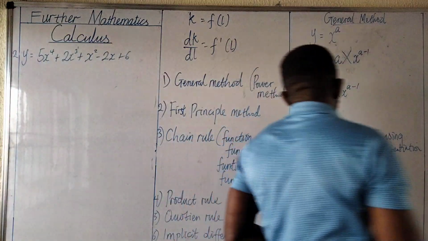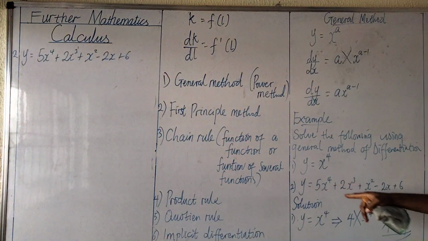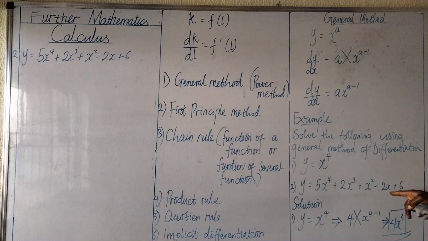You can see what we have here: 5x raised to the power 4, 2x raised to the power 3, x raised to the power 2 minus 2x plus 6.